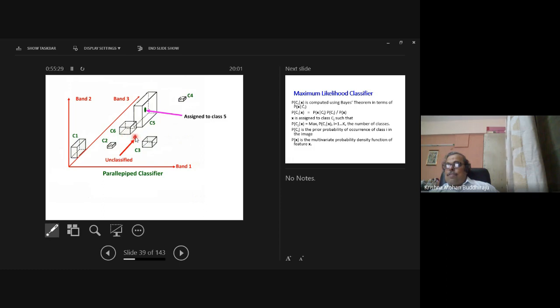This is not falling in one of these boxes. Maybe you should have more training samples to expand the size of these boxes. It indicates that you have to do more to account for the unclassified samples.